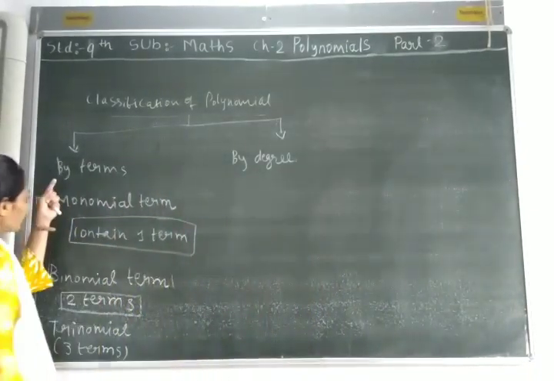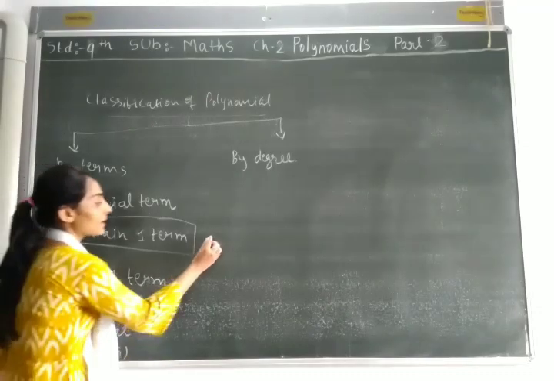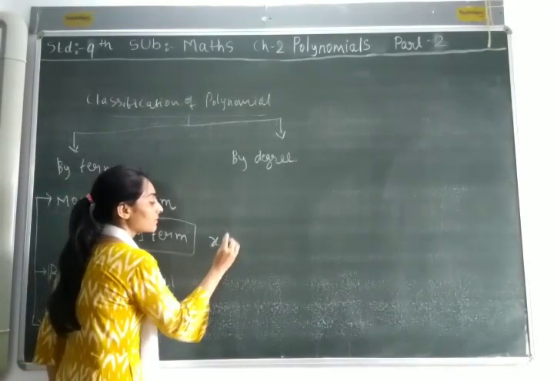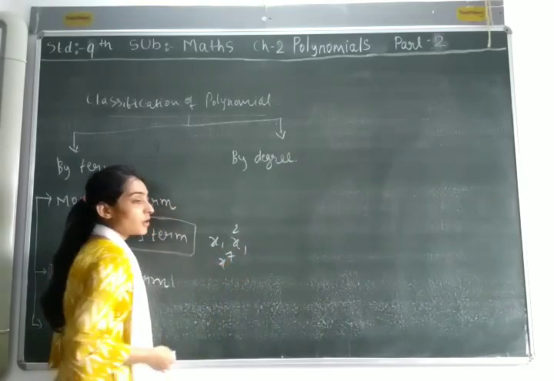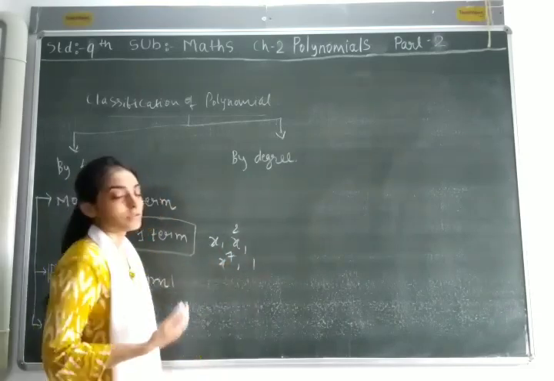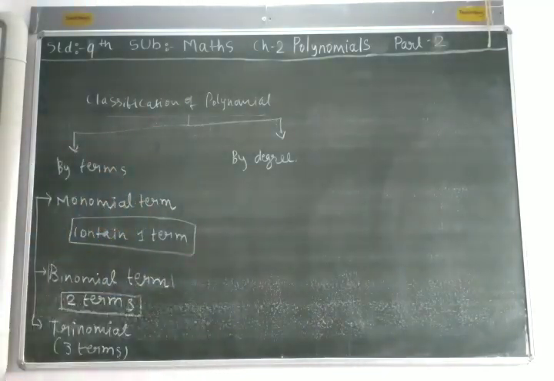So if the polynomial contains only one term, say like x or x square, x to the power 7, whatever, only constant, we call all this one a monomial. Mono means one.